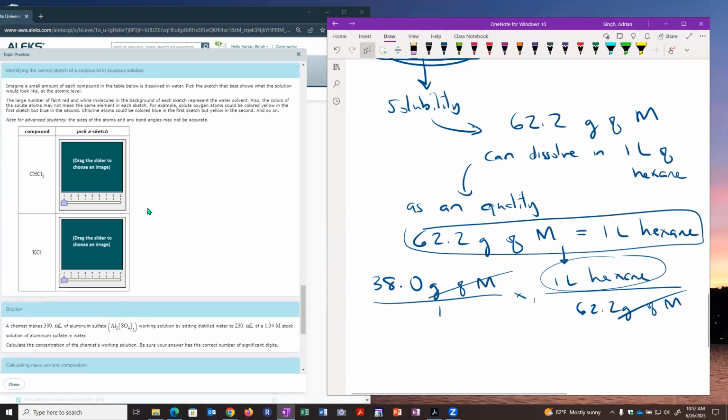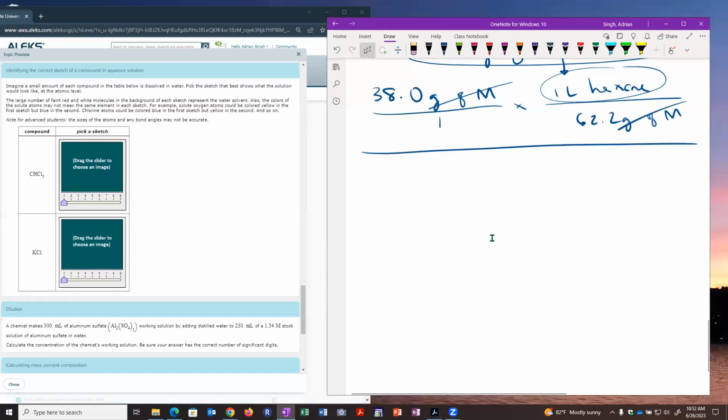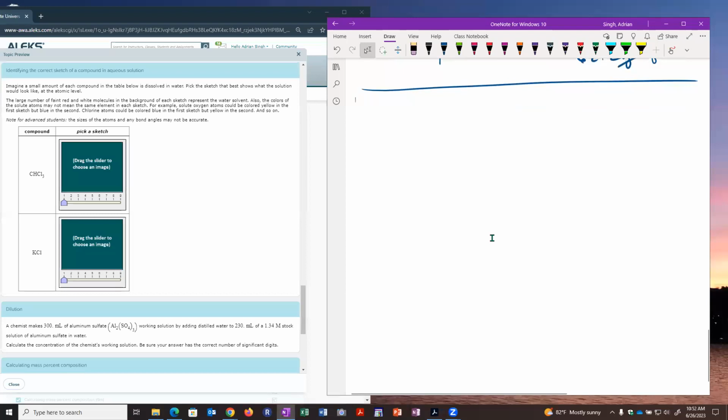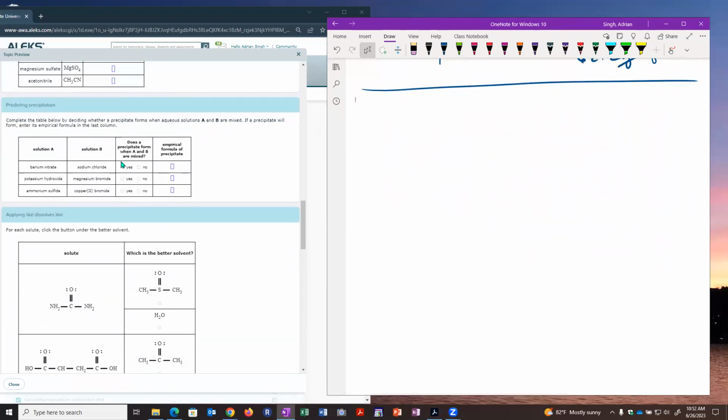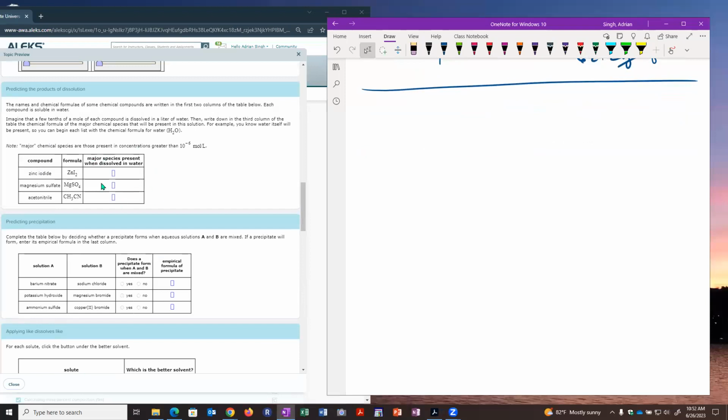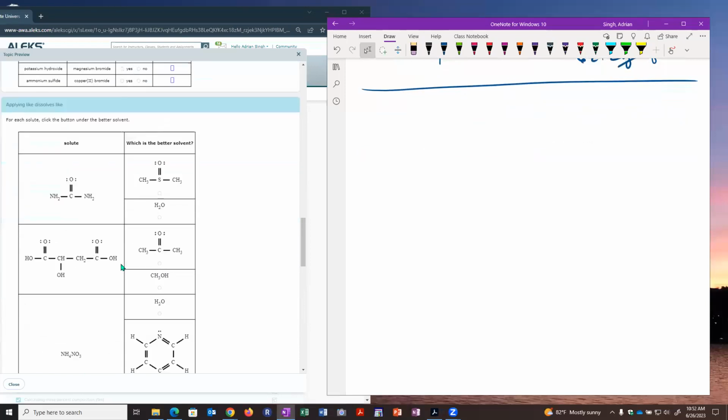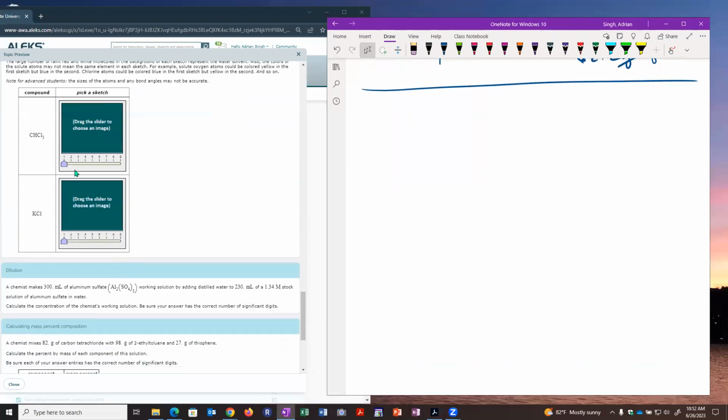All right, and the next one, we're looking here at interpreting or visualizing what's happening when something dissolves, and it's very similar to what we saw before in the first question, where we're looking to see the major species present when dissolved in water. This is more visual now.